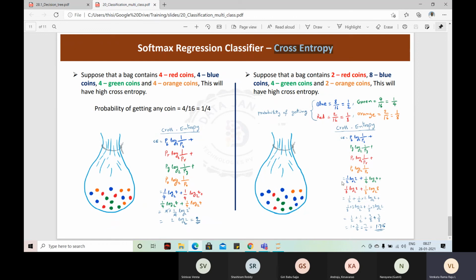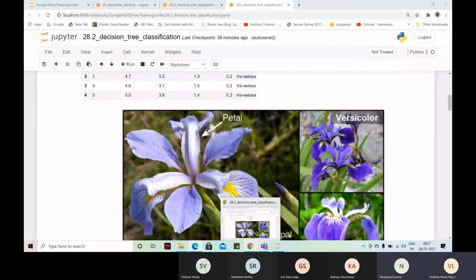That's the thing we are using here. Less impurity means using that feature you can make decisions more clearly. Less impurity, you can make decisions more easily. The feature is more important. Getting it? Yes, sir.